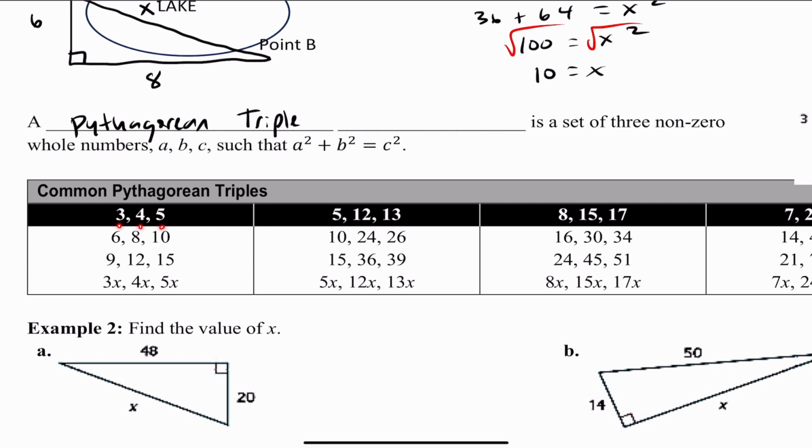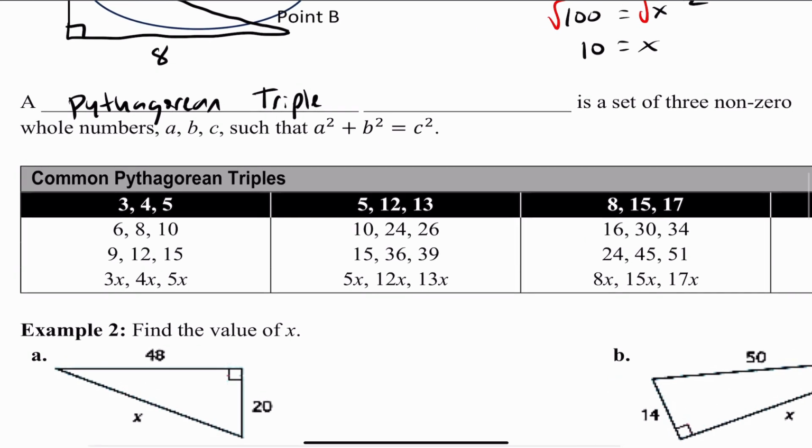Now, 3, 4, 5 works because if I plug them into a squared plus b squared equals c squared, the longest side is 5, so that should be my c.